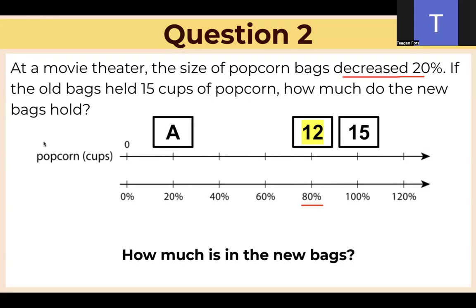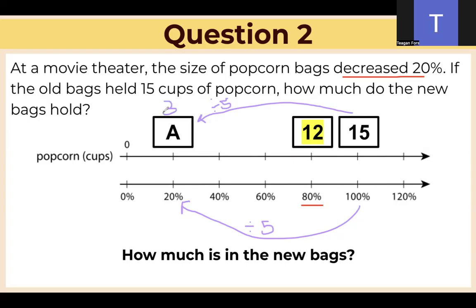So to do that, I know that to go from 100 to 20, I need to divide by 5 because there are 5 20s that fit into 100. So I'm going to do the same thing up top. I'm going to do 15 divided by 5, and that's going to tell me how much is in 20%. And 15 divided by 5 gives me 3.